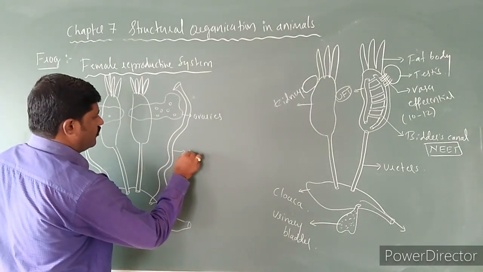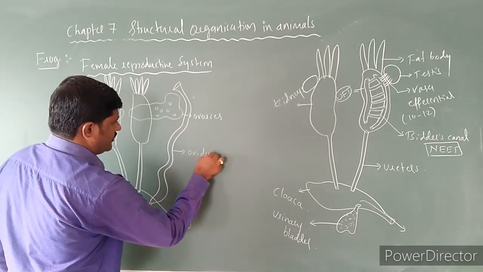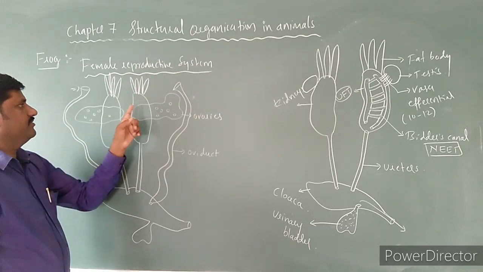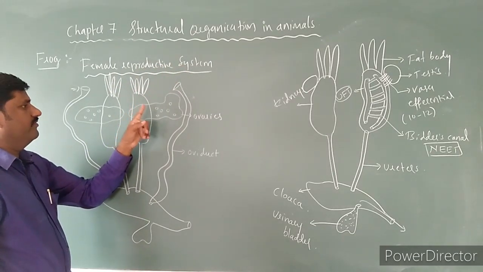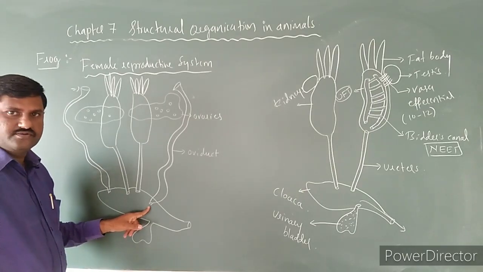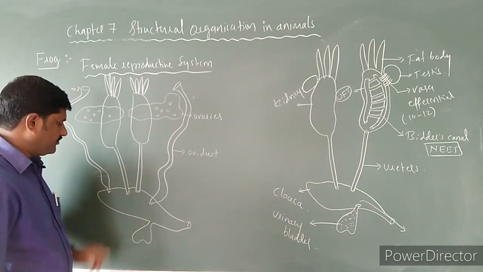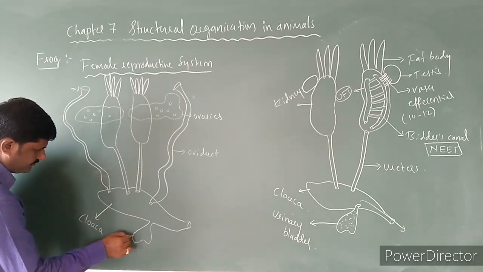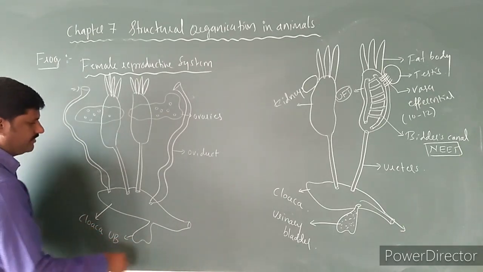What is our oviduct? So what does it consist of? A female reproductive system consists of a pair of ovaries, a pair of oviducts that open into a common passage called the cloaca. This is the cloaca. This is the urinary bladder.